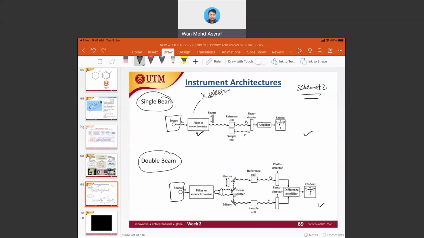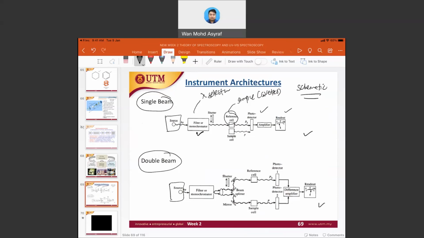So this wavelength selector then will select a particular wavelength that you have intended. So that particular wavelength will be absorbed onto your reference cell, which contains your sample. So this is where you put your cuvette. Okay. And then the transmittance from the reference cell will be detected by a photodetector and then read out.